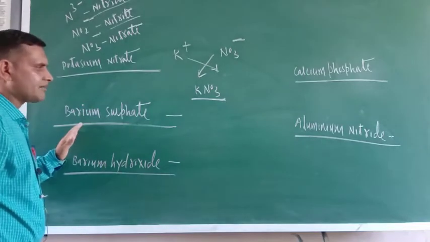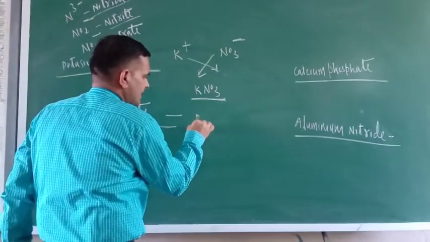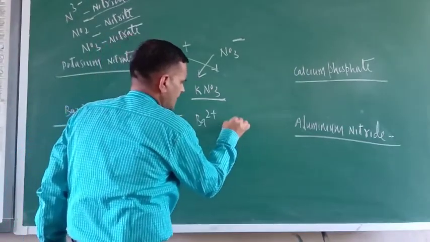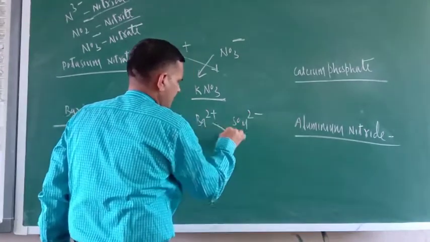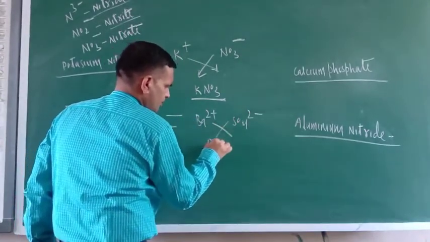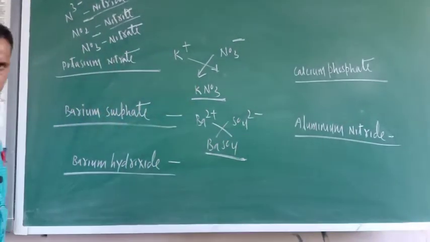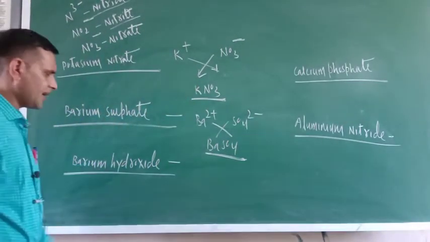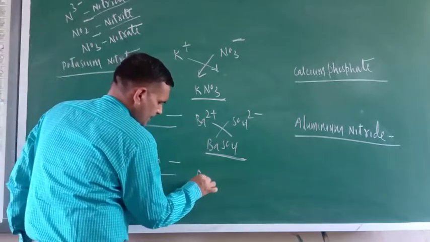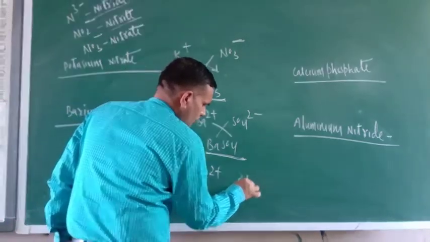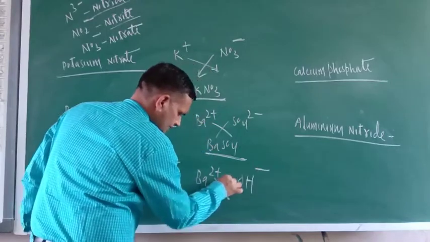Now barium sulfate. Barium is Ba 2 positive, SO4 2 negative. Now crisscross this one: BaSO4, barium sulfate. Barium hydroxide: barium 2 positive, OH single negative. Crisscross this one.